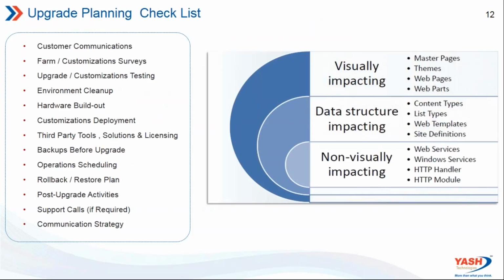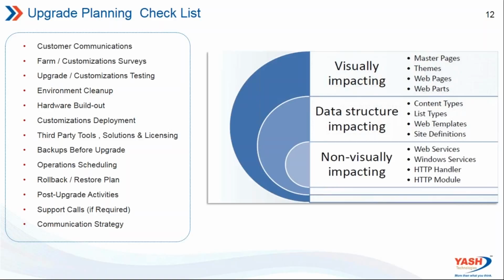And the upgrade checklist: even before planning for a migration, let's have the checklist and the proof of concept implementation so that we know what exactly we are taking care of, and we can follow the book and just do the migration. We need to take care of the customer communications. How do we inform the end users so that on a Monday morning everything will be all right?